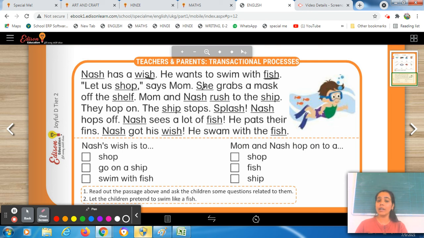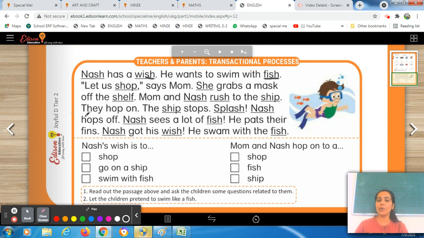Okay, so what is there in this story? There is a story of a boy. What's his name? Nash. So what is the wish? Nash has a wish that he wants to swim with fish. So with his mother, he comes to achieve his wish to swim with the fish. Okay. So students, that is a little bit of story about a boy named Nash.